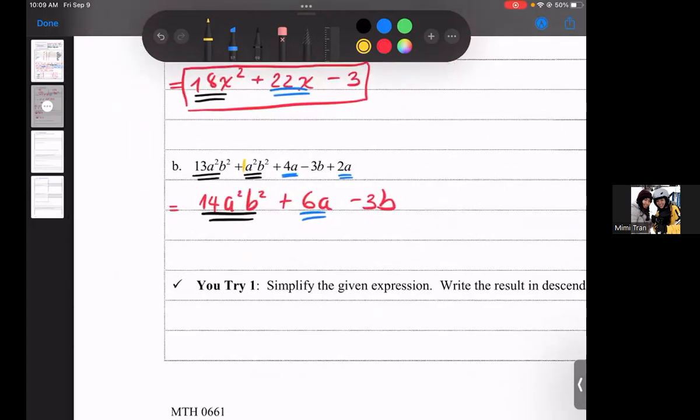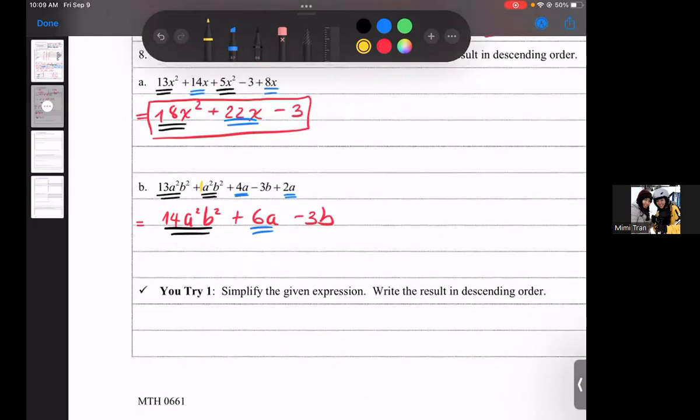Okay, now you try. Before we actually do the real you try, I want you to try it out first. If you go to Moodle, use your phone or your iPad or your computer, you see you try 0, and click on that. Keep clicking and try to answer the question, see what you get. Just practicing.